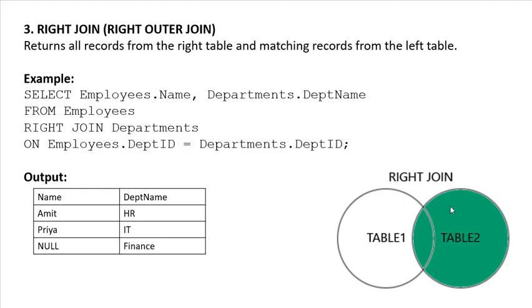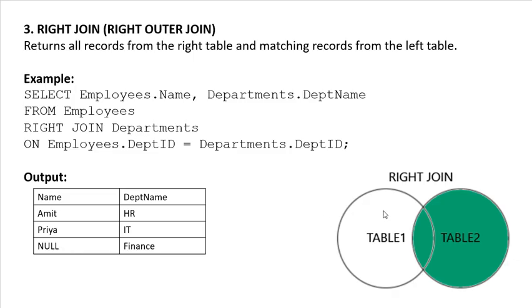This image shows that all the data from table 2 is shown, along with the matching data in both tables. As an example: SELECT employee.name, department.department_name FROM employee RIGHT JOIN department ON employee.department_id = department.department_id; And the output is employee names and department names.